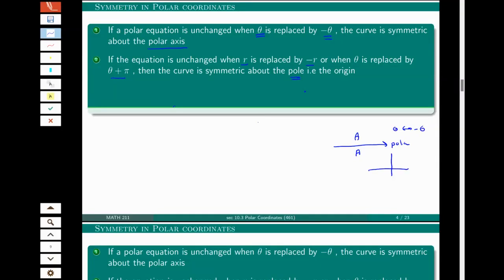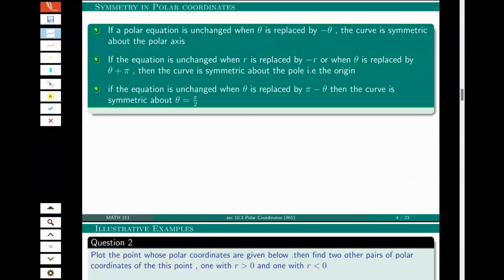For the second rule, it says if you replace r with minus r, whatever you have here, you will have there, because it's symmetry about the pole, which means if I have something here, that will be the same thing there. It's symmetry about the pole if we replace r by minus r, or vector by vector plus pi.